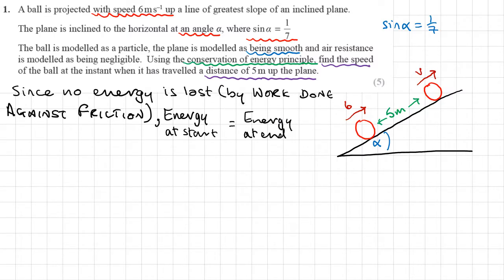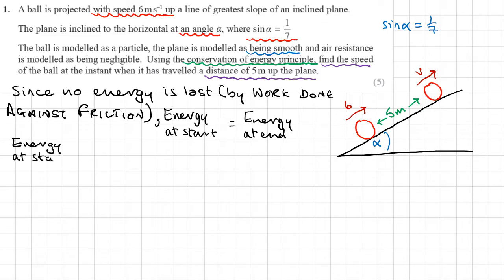Now, because we're using the conservation of energy principle, and since no energy is lost by work done against friction, then the energy at the start is equal to the energy at the end. And what I mean by start is here at the bottom, and what I mean by end is the end up here. So let's work out the energy at the start.